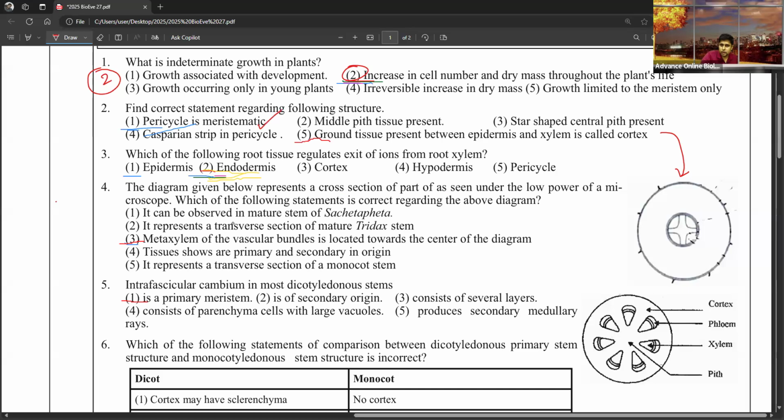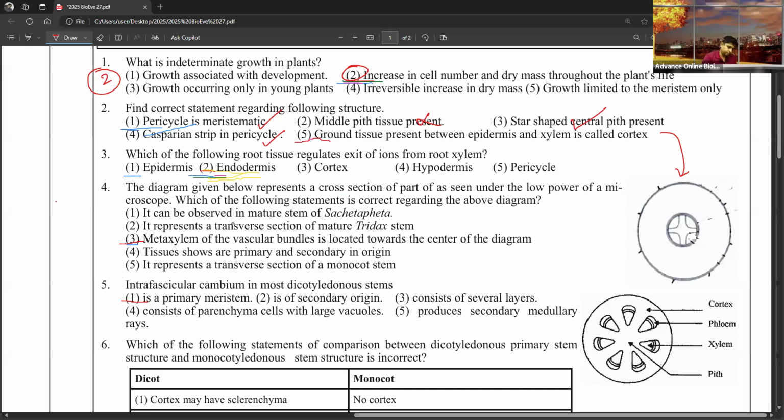Yeah, monocot root, right? Sorry, dicot root, correct. Middle pith, no. Star-shaped central pith present, correct. Casparian strip in pericycle, wrong, it is in the endodermis. Ground tissue present between epidermis and the xylem is called cortex.